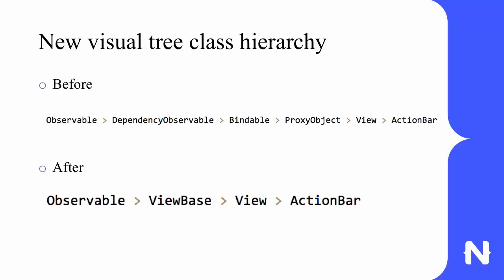Now, prior to 3.0, this chain could be quite involved, from view, proxy object, bindable, etc. So one of the things we did is we tried to change that. We made that class hierarchy a lot simpler, both so these classes were just, quite frankly, easier to work on. If you've ever wanted to contribute to NativeScript or you've built some NativeScript plugins that work this way, you'll probably appreciate the simpler structure.